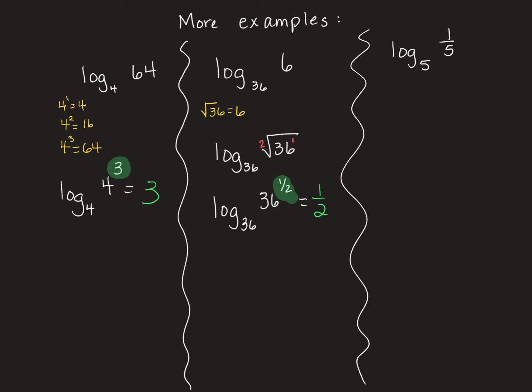Let's look at the next one. This is where laws of exponents come into play, because I want to change 1/5 into 5. The way I'm going to rewrite that, 1/5, so it's a 5, is 5 to the negative first power.